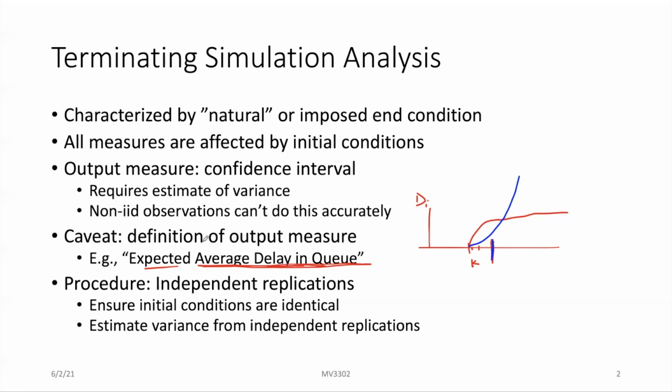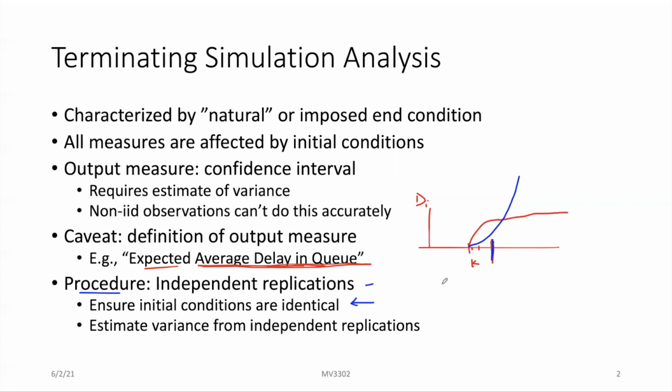So in steady state analysis, as we'll take a look at shortly, it's actually a little bit simpler to define what that output measure is, but it's a little bit more tricky to try to get to it for a variety of reasons. So our procedure has been to perform independent replications. We need to ensure that the initial conditions are identical. How do we ensure that?